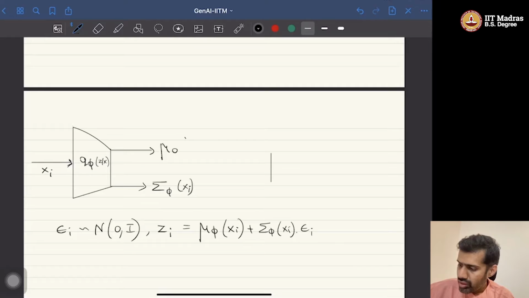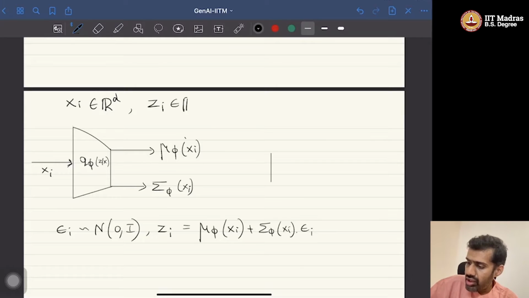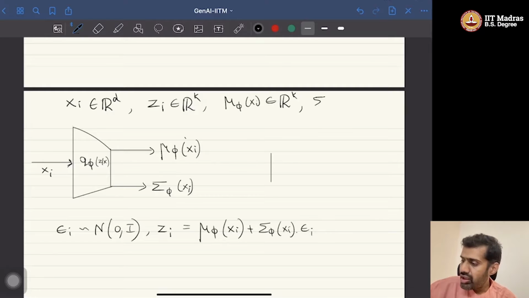So this is mu phi of xi. Just for the sake of completeness, it's obvious, but let me say, xi is in R^d, which is the data space. My zi is in R^k, which means that the mean that I have will also be in R^k, and the covariance matrix will be in a k cross k dimensional space.